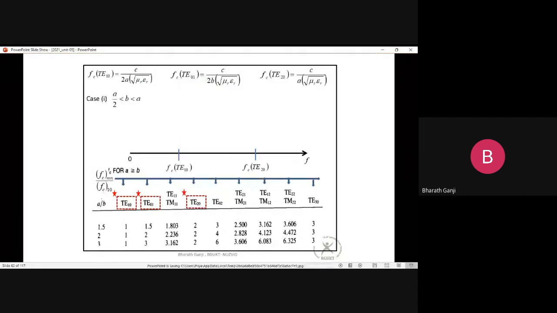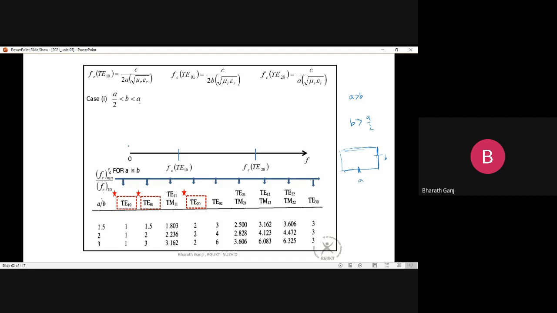The first case: always A is greater than B, but let us assume B is also greater than A/2. A is the bigger dimension. So B is more than half of A. B is greater than A/2, and always A is greater than B.